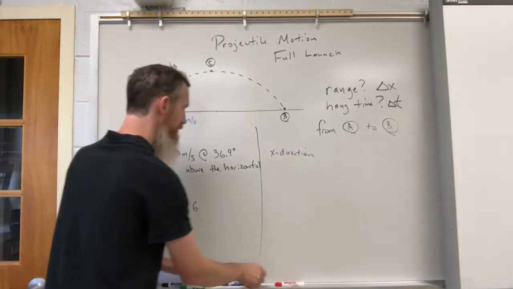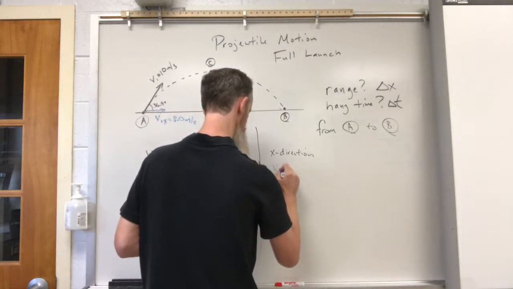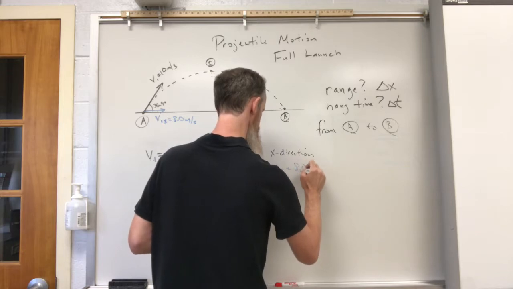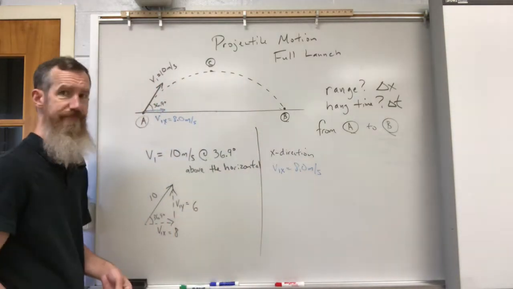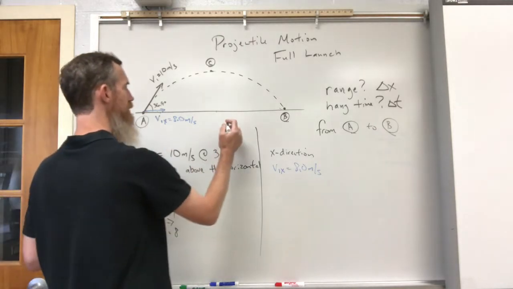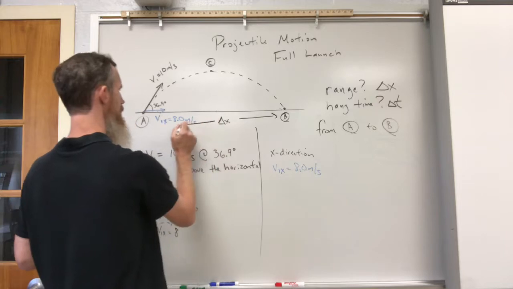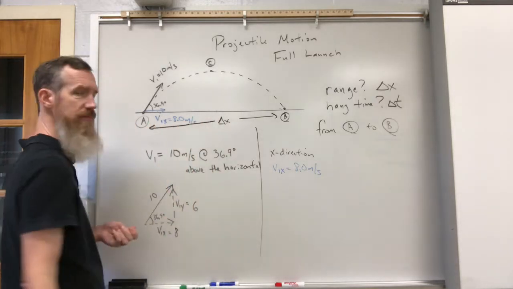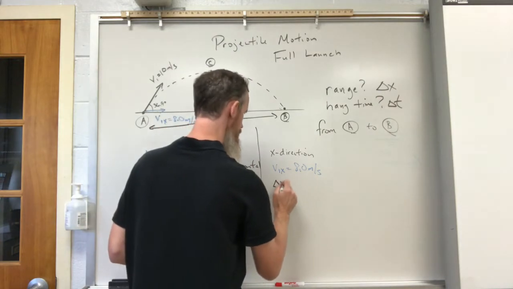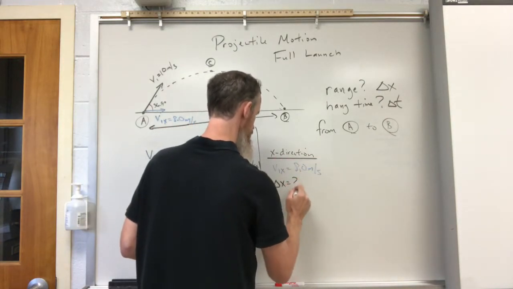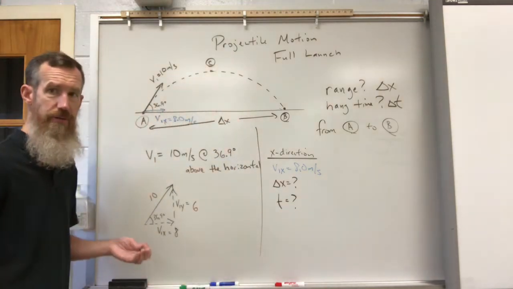And so that's good to know. But otherwise, that's all I know. I'm looking for this delta x, which is going from A to B. I don't know what that is. And I don't know what the time in the air is.